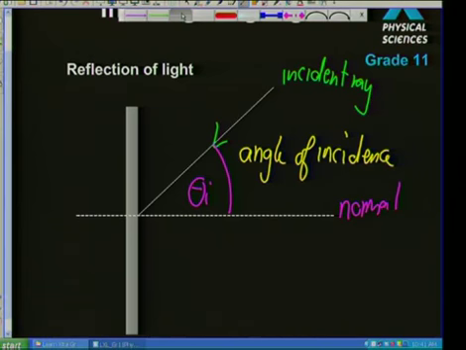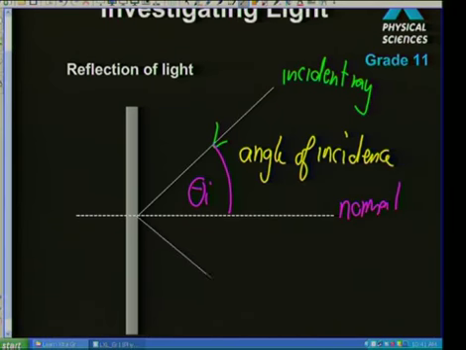Right. Now, very important for you to understand is that when the light strikes the mirror, when we draw it, we recognize that there is something coming off it. That we will call the reflected ray. I'm going to put that in so we can make very sure that we've got it right. So over here, I've got the reflected ray. And that's telling us that the beam of light has been reflected from the surface of the mirror.